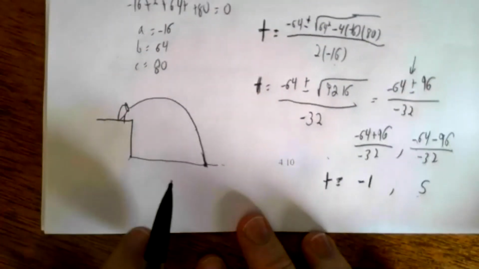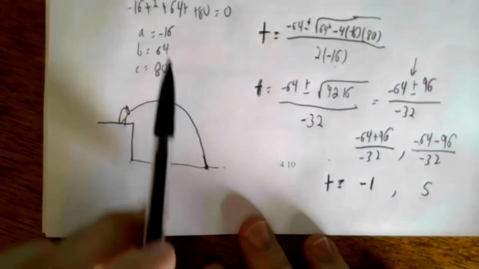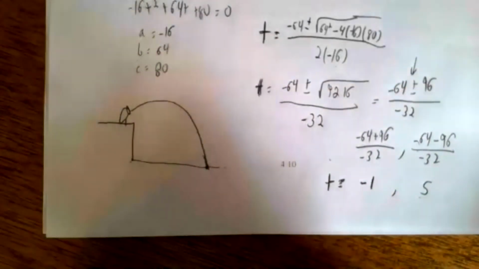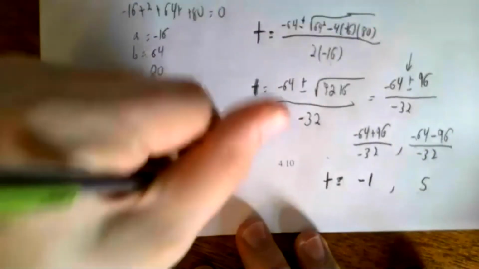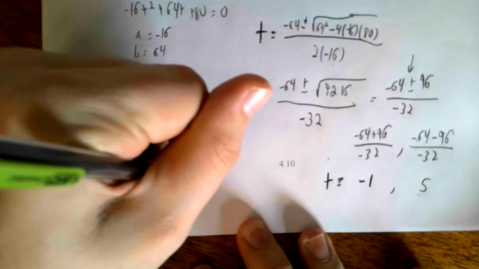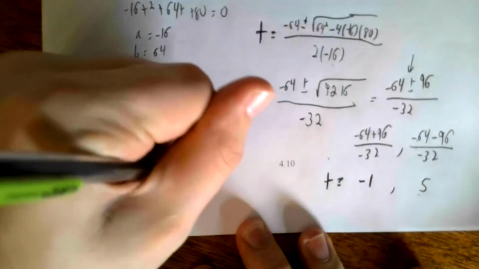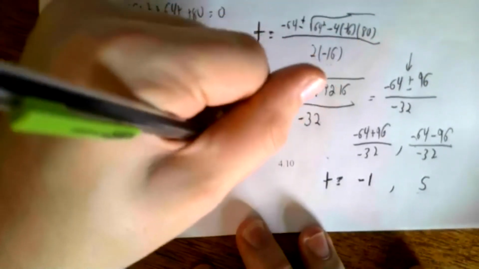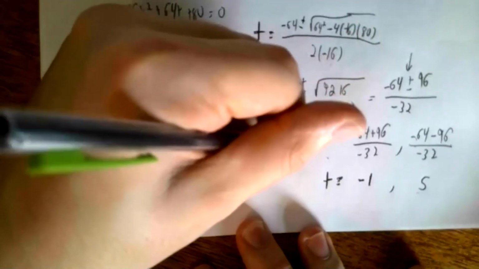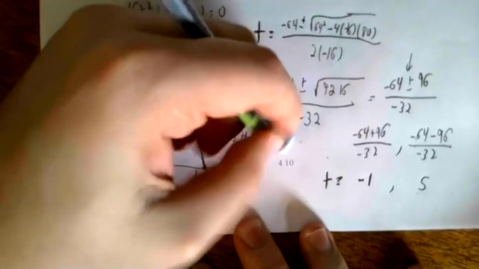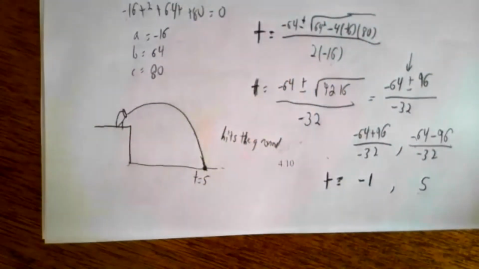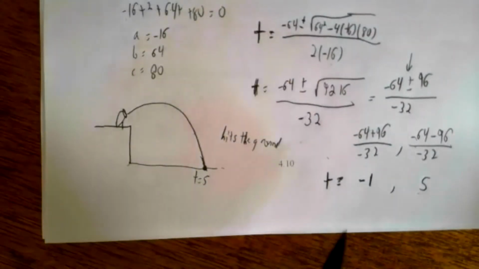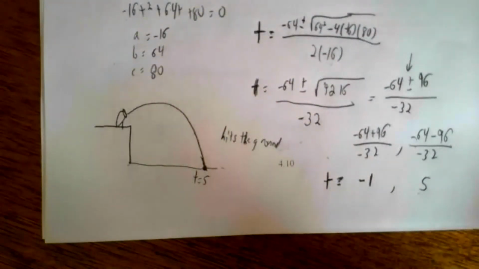So my height at 0, or my time in seconds at 5, my height's going to be 0, right? So it hits the ground at 5 seconds. So t equals 5. So it hits the ground. So if we think about that in relation to -1, well, it never really hits the ground anywhere else, right?